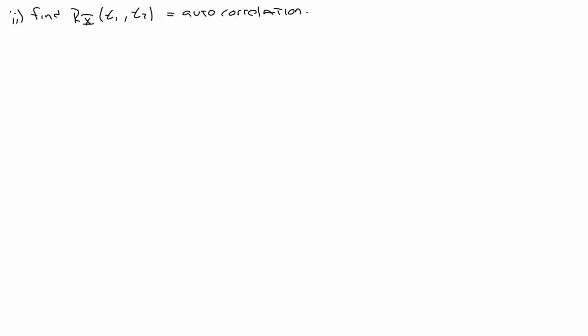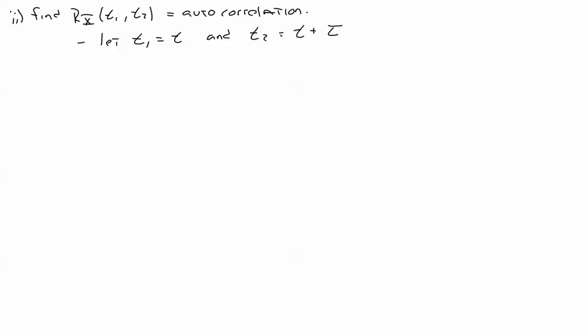All right. So what I'm going to do is let T1 equal some arbitrary time point t and T2 equal t plus tau, some time difference parameter, okay?